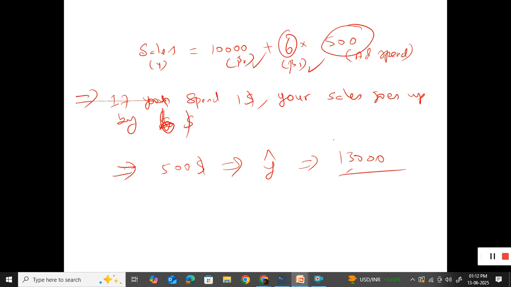So 501 into 6 is 3,006. So it is going to increase by 6 rupees. If I spend $2, it is going to double. $3, obviously, it is going to triple. So if you spend every $1, your sales go up by $6. This is how we need to interpret it.